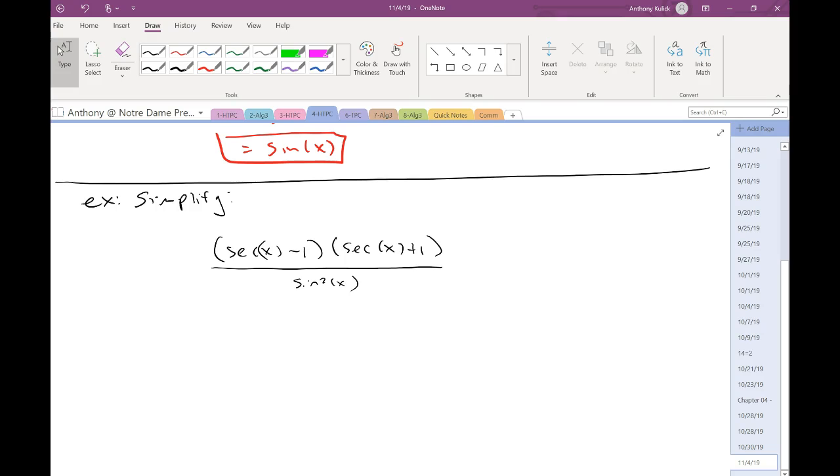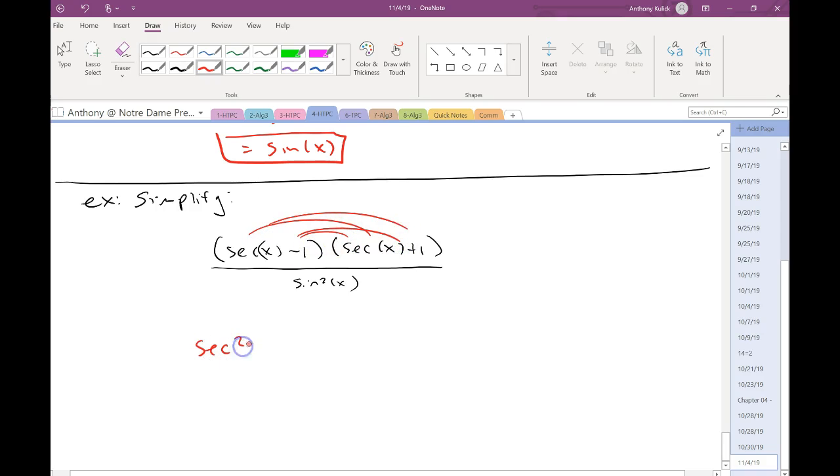Again, I noticed that if I FOIL these out, do you notice anything about these two binomials that we're going to be multiplying out? Well, it looks like a difference of 2 squares, right?